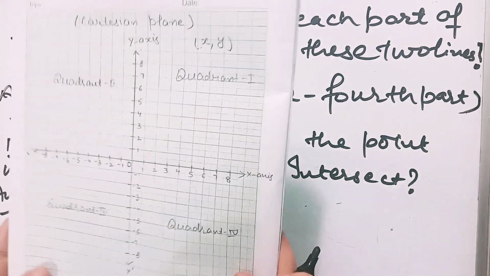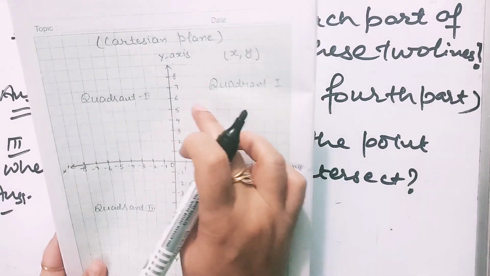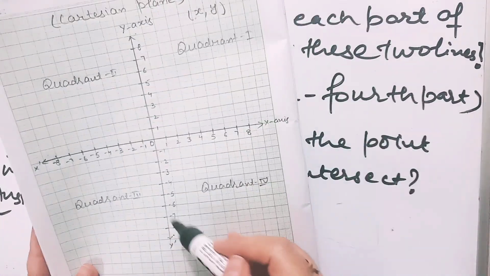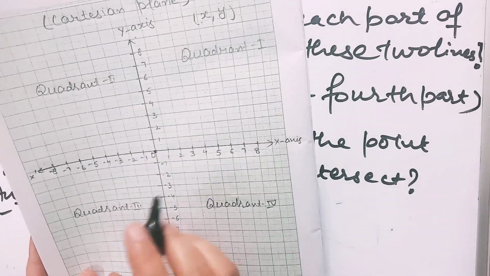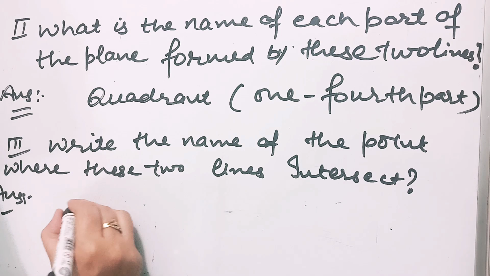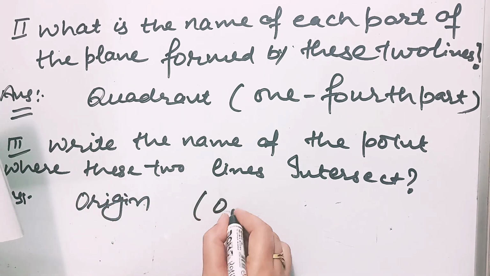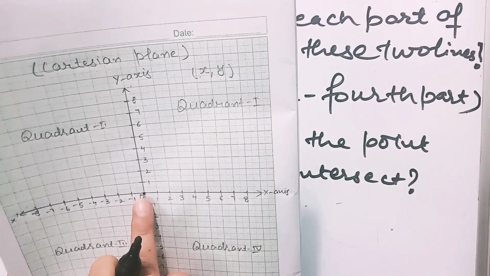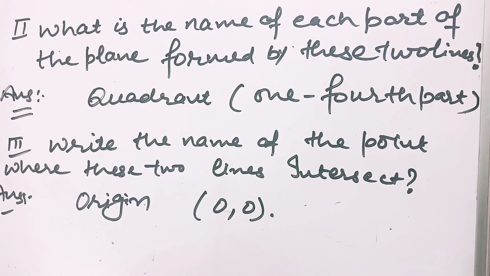In the Cartesian plane, once again you can see, the point where these two lines intersect. You can see very easily here this point is called the origin, and the coordinates of the origin are always (0, 0). Here x is 0 and y is also 0. So the first question is completed.